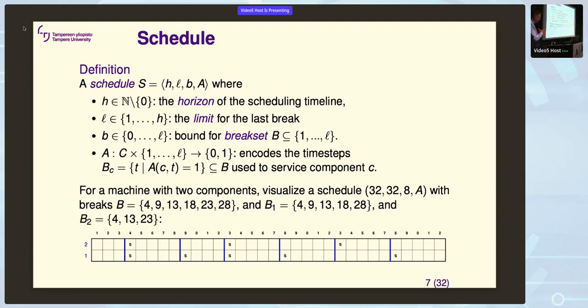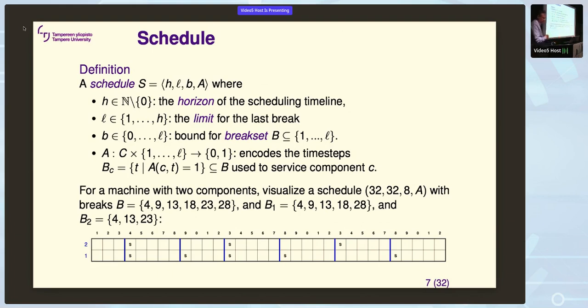So a schedule, here with two components, is a plan for maintenance during this timeline of, let's say, weeks, or equally units of equal duration.